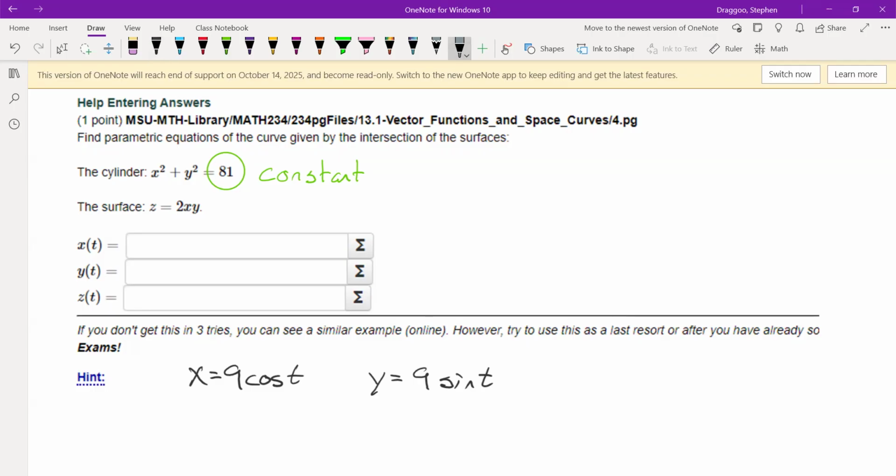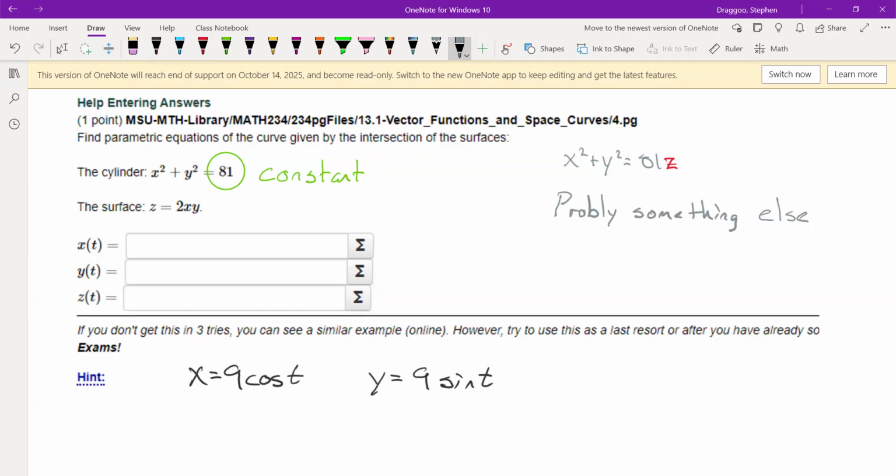Now, if we had something like x squared plus y squared equals 81z, I'm probably going to be thinking about something else. I don't necessarily think that sine and cosine are a good choice here.